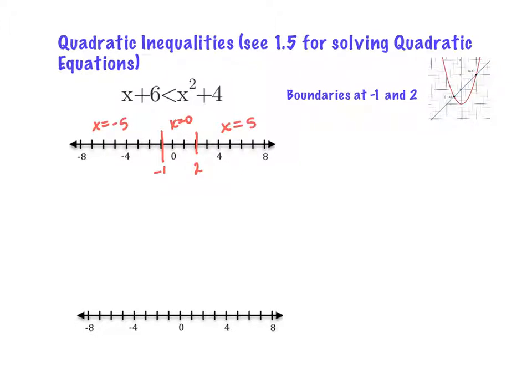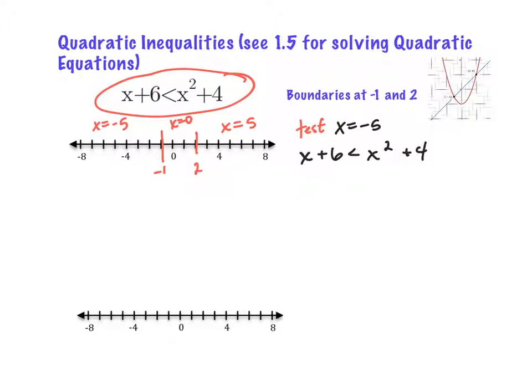So then I'm going to take my original inequality and test. First off, I'm going to test over here, x equals -5. My original inequality is x plus 6 is less than x squared plus 4. So I'm going to take out my x's and plug in -5, in parentheses. Then I'm simply going to simplify.